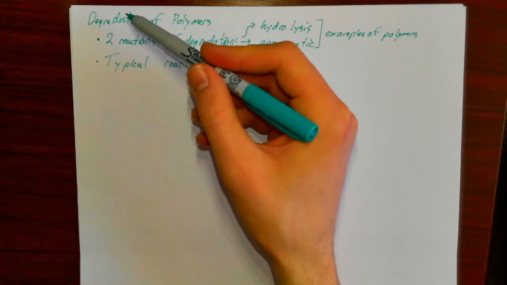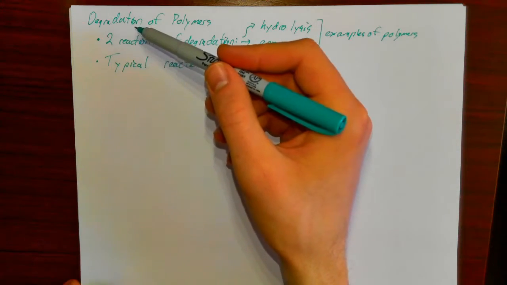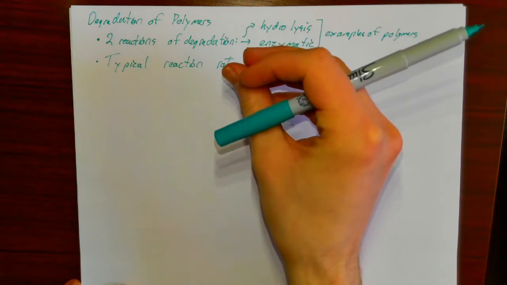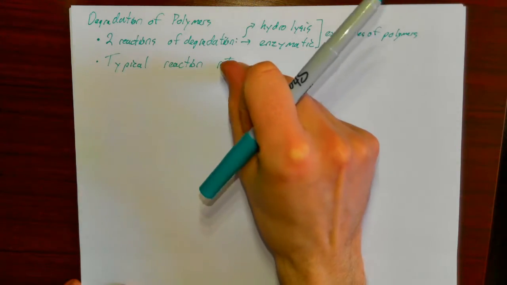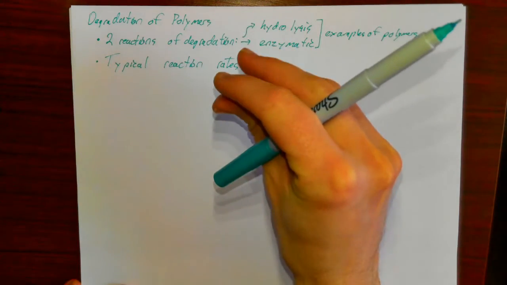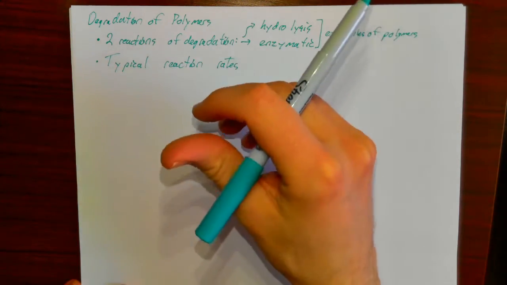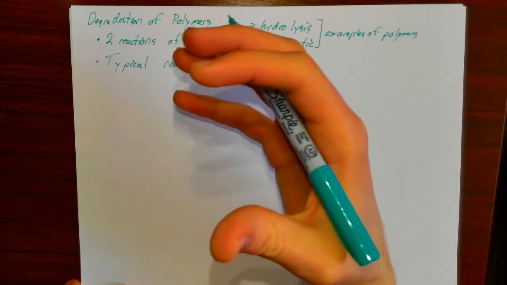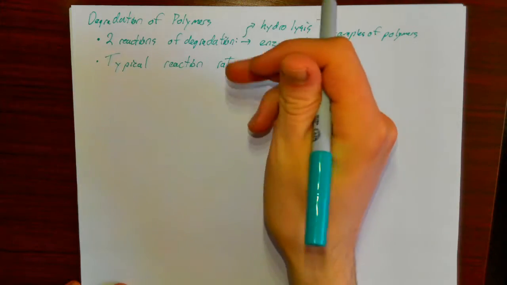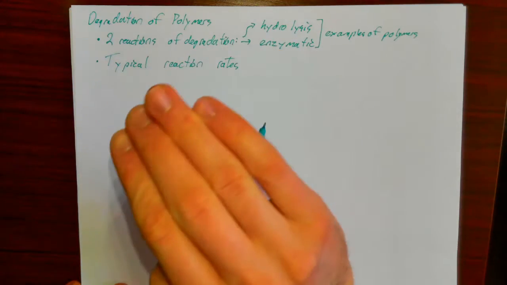Sometimes we want polymers to degrade in a particular way, right, for release of drugs. Sometimes we want polymers to degrade at a moderate speed, for example, for tissue engineering scaffolds, where we want it to eventually degrade but don't want it to degrade so fast that the body can't replace it with natural tissue in time. And then other types of polymers, upon implantation, we almost never want to degrade.